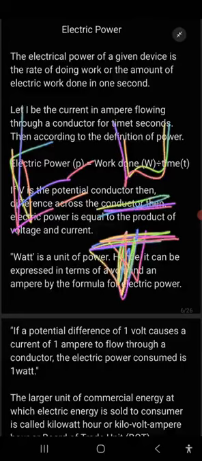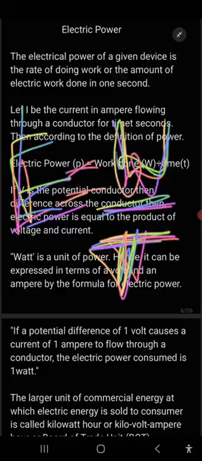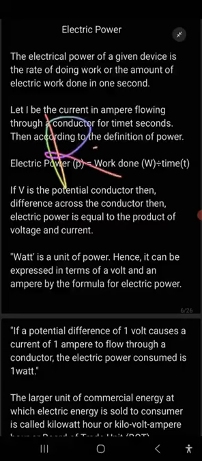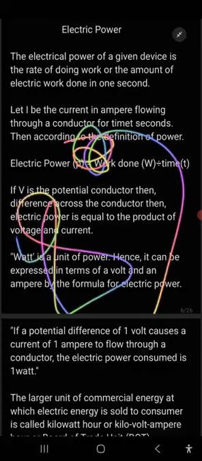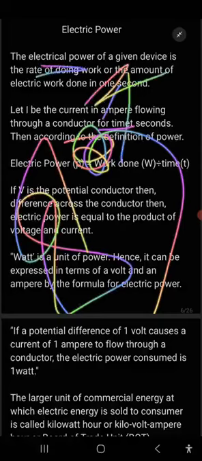Electric power is the rate of doing work, the amount of work done in 1 second. How much work it does in 1 singular second is called electric power.